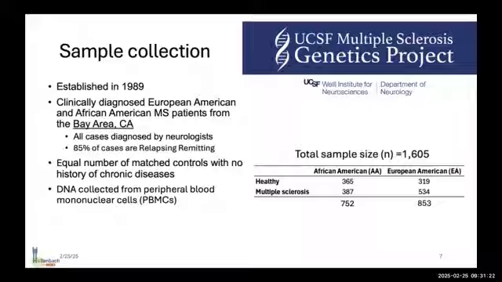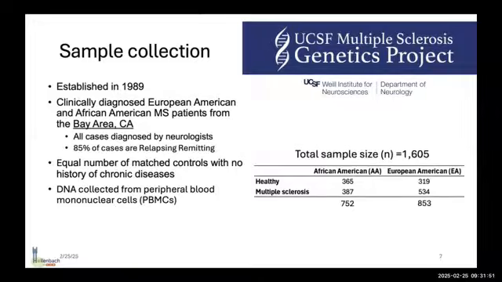So these are all individuals from the Bay Area, California, that have come here seeking treatment, but we'll be describing them as European American or African American backgrounds. All of these cases have been diagnosed by neurologists, and the vast majority of these are relapsing remitting cases, which is one of the subtypes of MS. And we have in this cohort age and sex matched controls with no history of chronic disease.